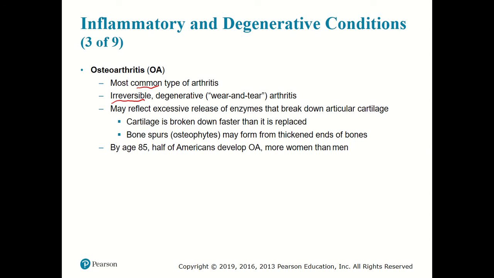It's usually because of wear and tear. We use the word wear and tear because this is where we're using our joints over time, so much so that they become worn down. They wear themselves down, and then they become less functional.